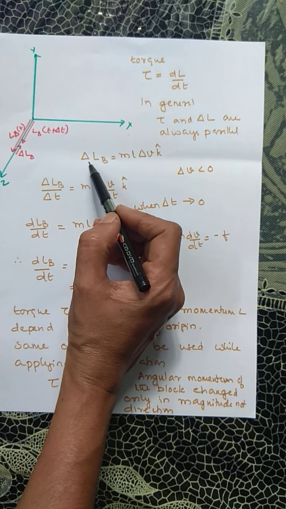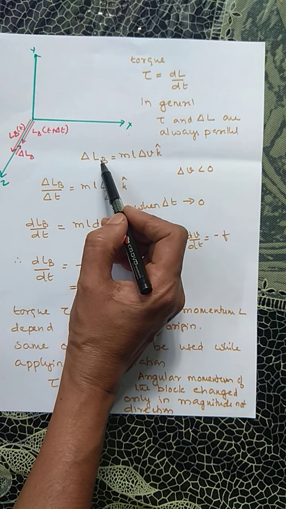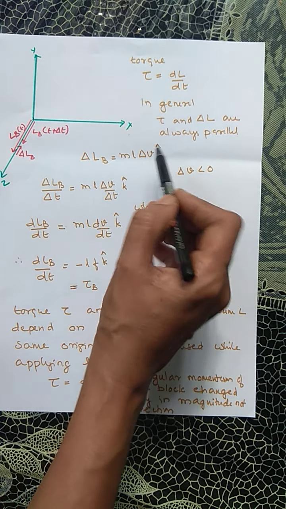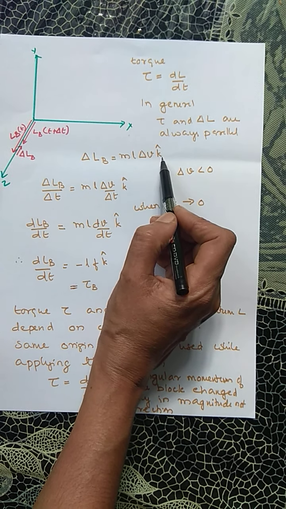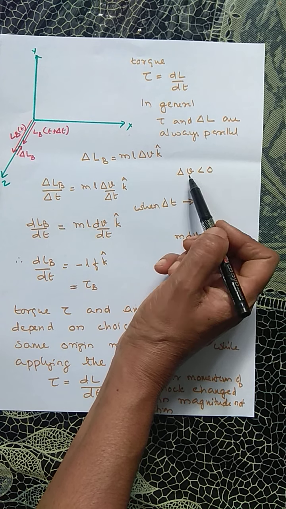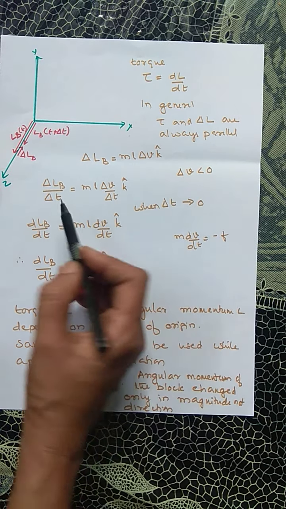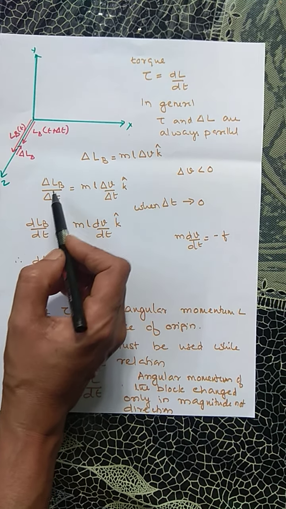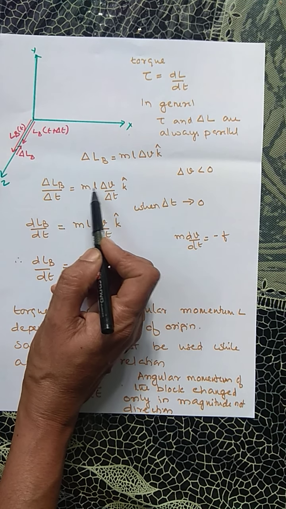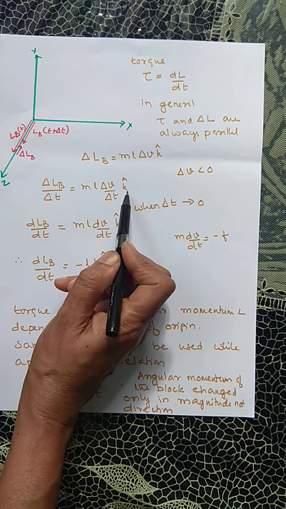So I can write delta LB, the change in angular momentum, equal to m L into the change in velocity delta v into k. Delta v is less than 0 because it is decreasing. So I can divide delta LB by delta t, which gives m L delta v by delta t into k.